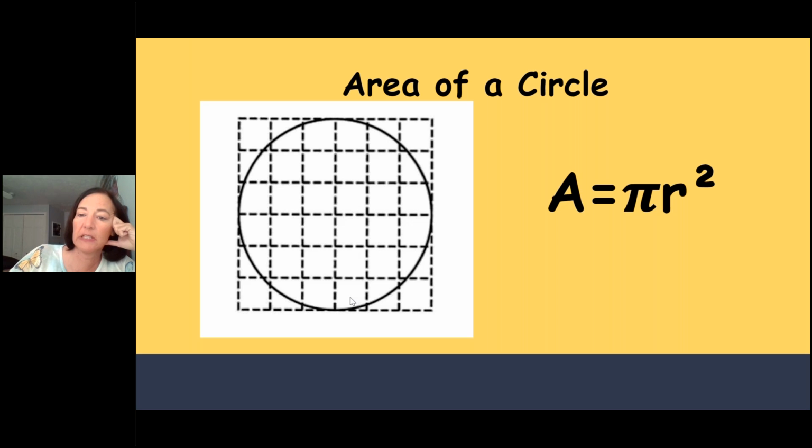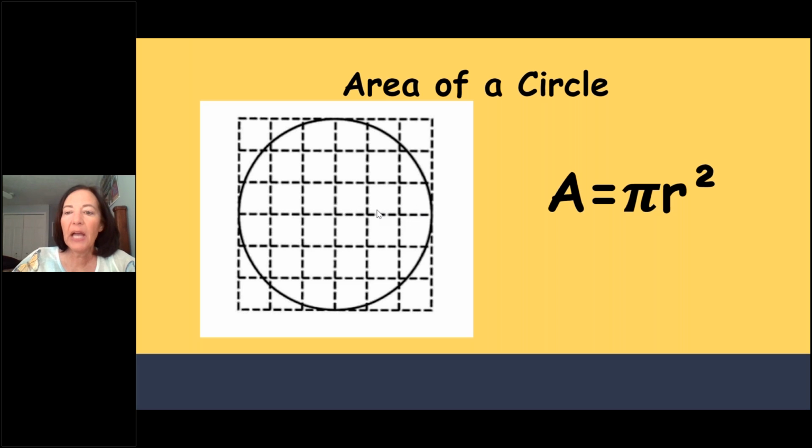So there's a formula, and we just memorized the formula for the area of a circle, and that is area equals pi times the radius squared. Remember, radius is the distance from the center to the outside of the circle.